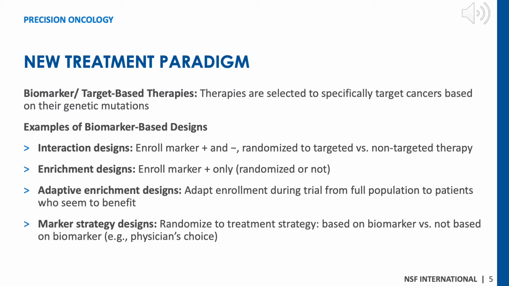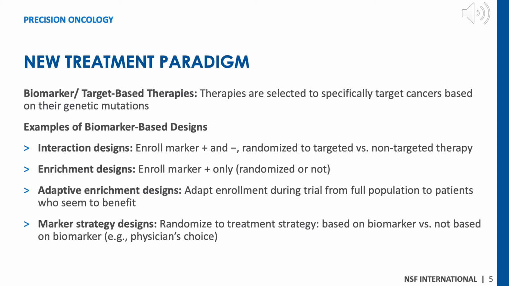With expanding knowledge in tumor biology and biomarkers, oncology therapies are increasingly moving away from one-size-fits-all approach. Advances in genomics, particularly in tumor sequencing, has improved our ability to differentiate cancers by their genetic mutations.